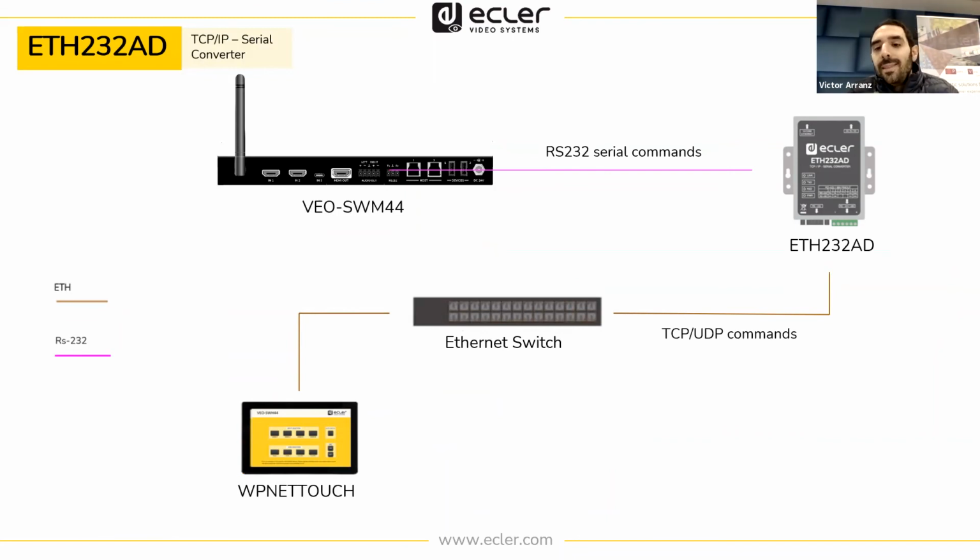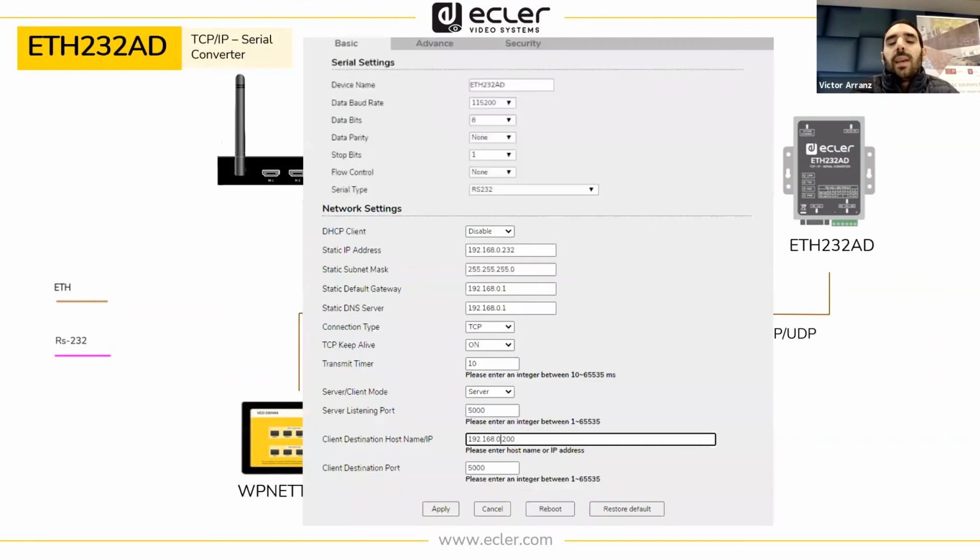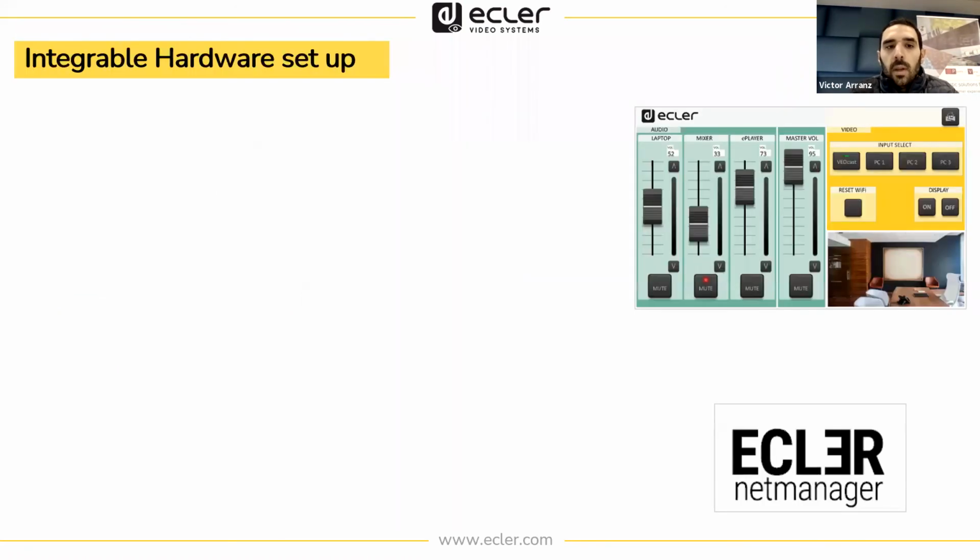This interface can be configured in a web GUI, where you can define the serial parameters the destination hardware has, as well as the IP address that EclerNet Manager needs to address. I think it's a lot of information.